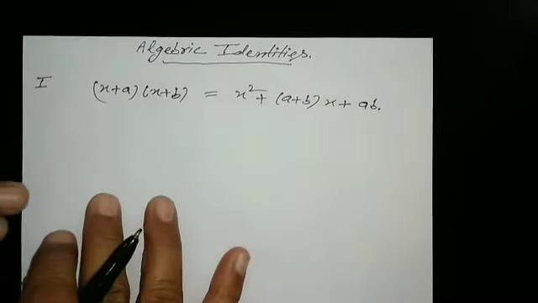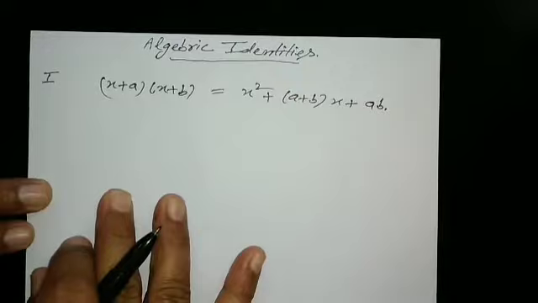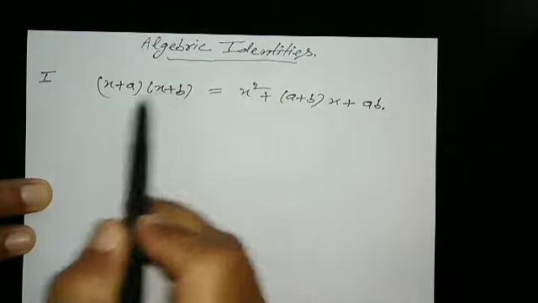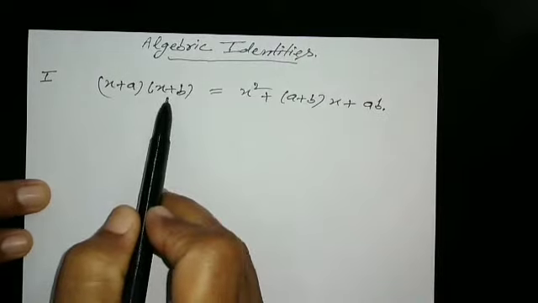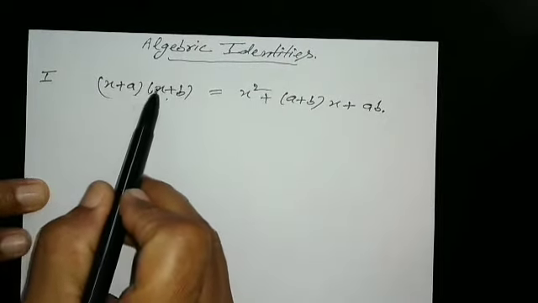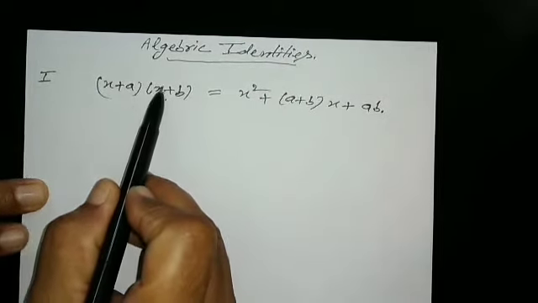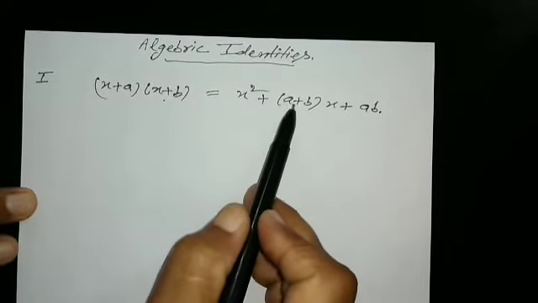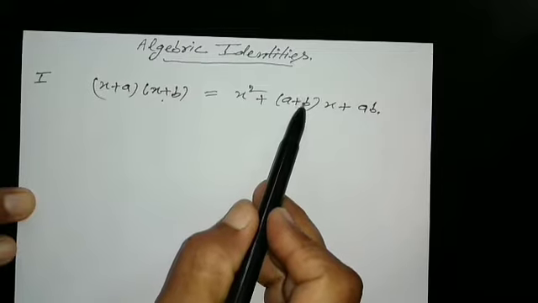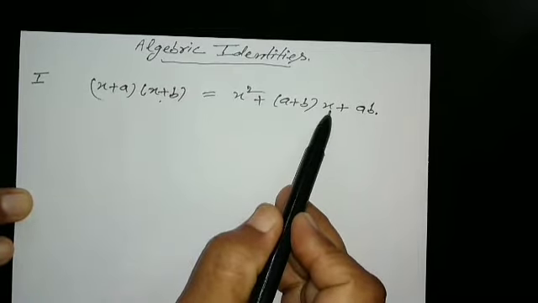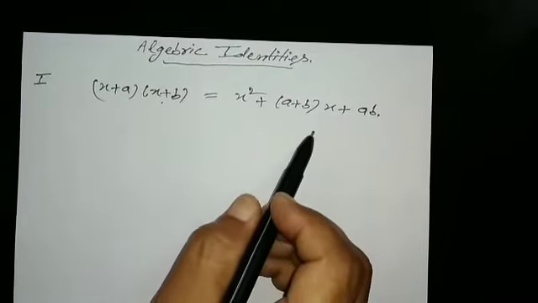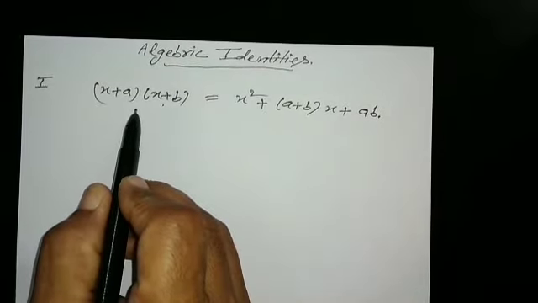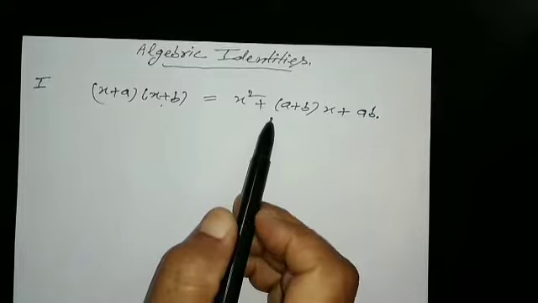Now why is this identity used? It is just a multiplication of two factors, so why does it get a name? Because we can use this form to factorize the polynomial, and I will discuss this process. This is its left side and this is its right side.